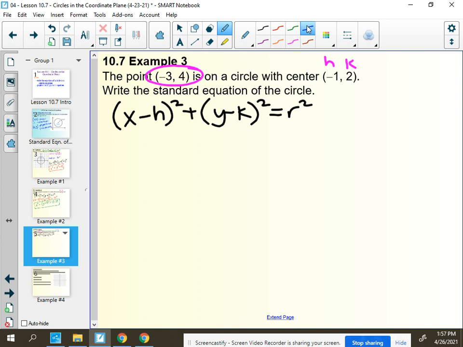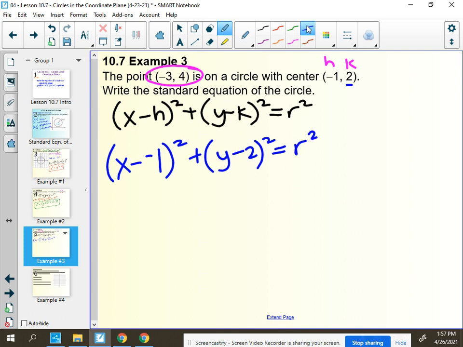Because at this point the whole left side I could get done, right? I could go x minus h, which is negative 1, plus y minus k, which is 2 squared.